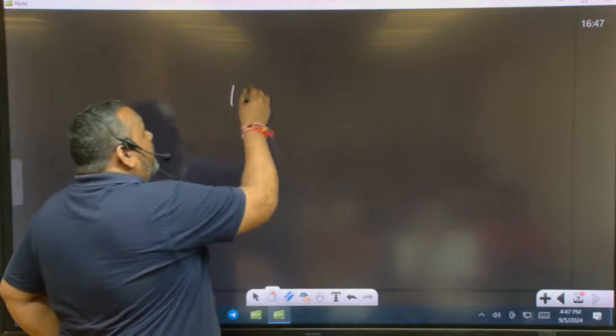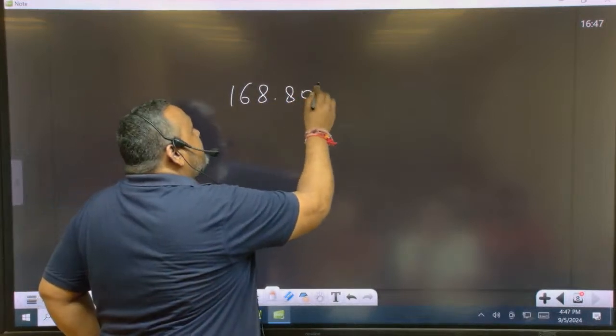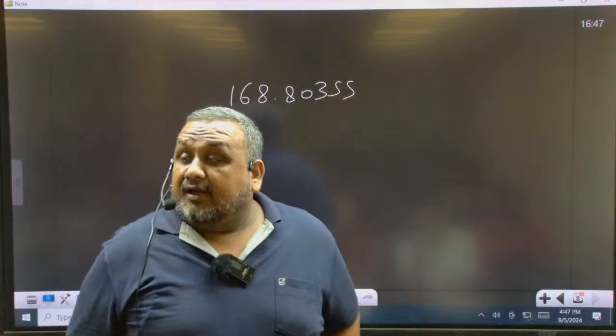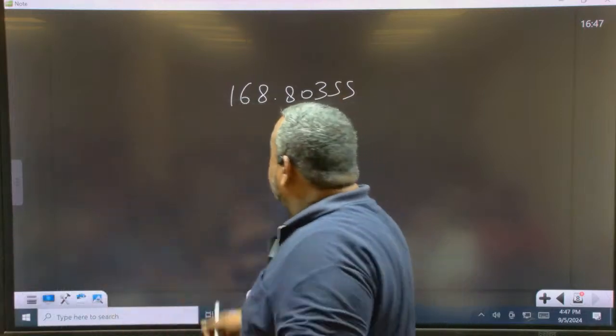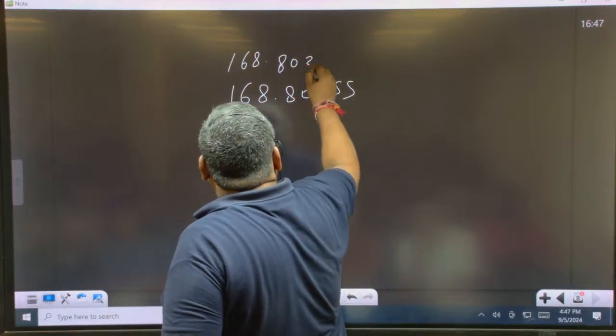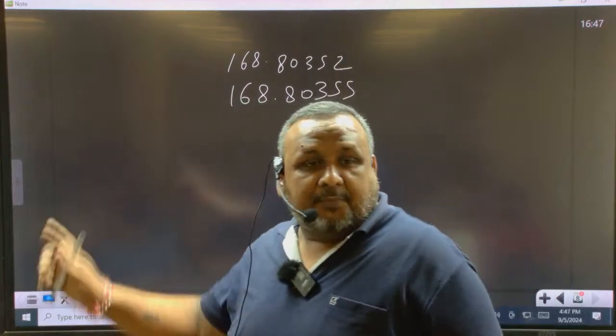The cutoff of the general candidate of Selection Phase 12 is 168.80355. Exactly. And one of my students scored... is it pass or fail?